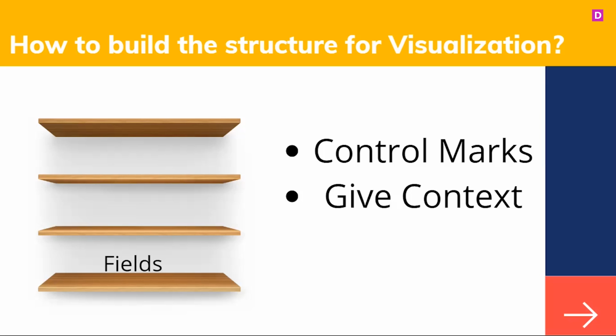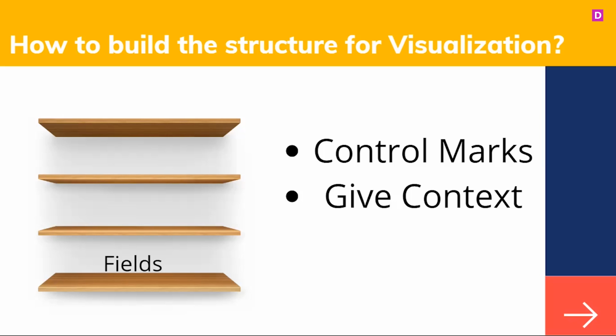You can perform the process of excluding or including data. Does inclusion of data have any impact on the marks? Does exclusion of data have an impact on the marks? All of these things can be done with the structure. You can also add more detail.